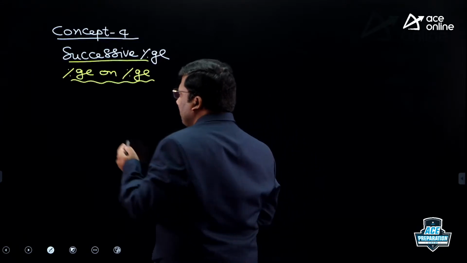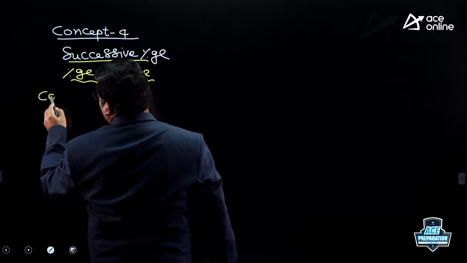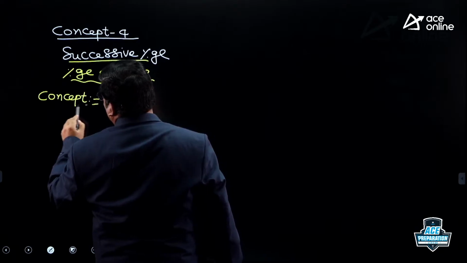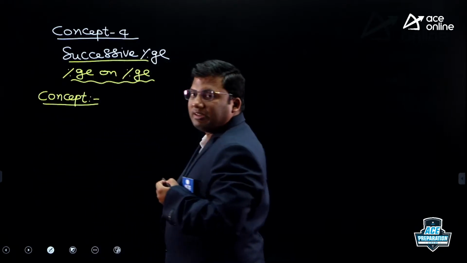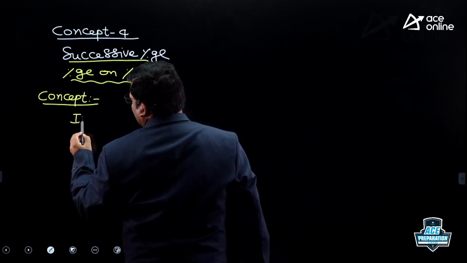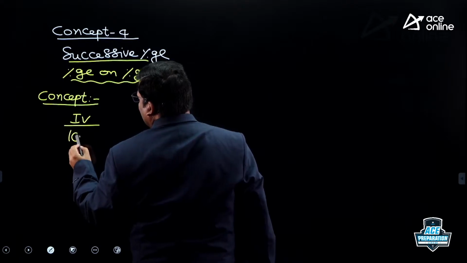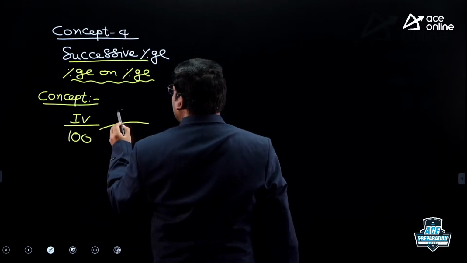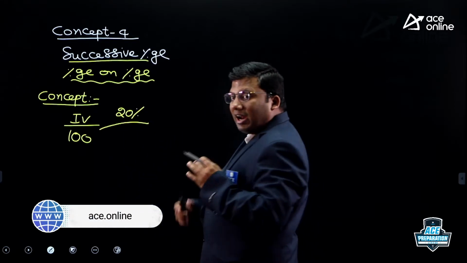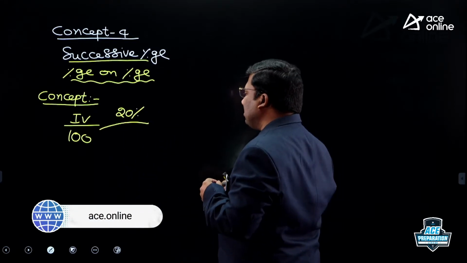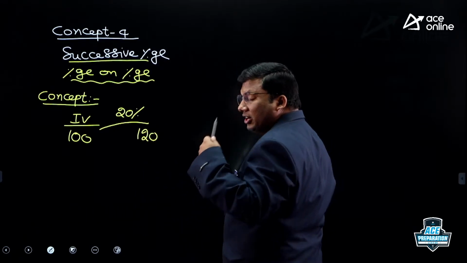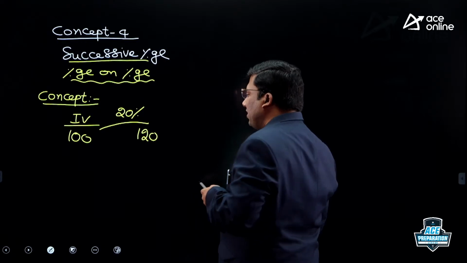First see the concept. First I will tell you the traditional method, how students will solve. Then I will discuss the optimal method. They will use more or less a formula. If the initial value is 100, on 100 there is a 20 percent increase, so it is plus 20, giving 120.